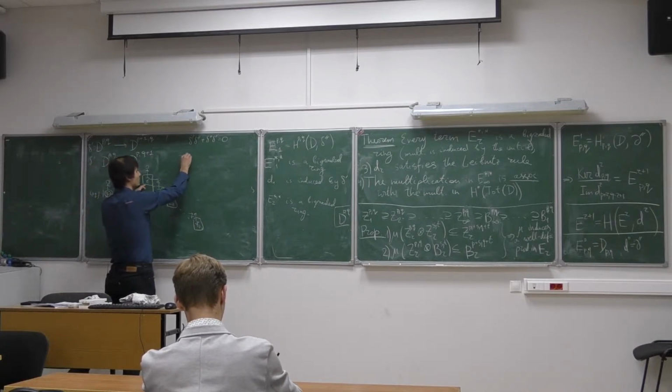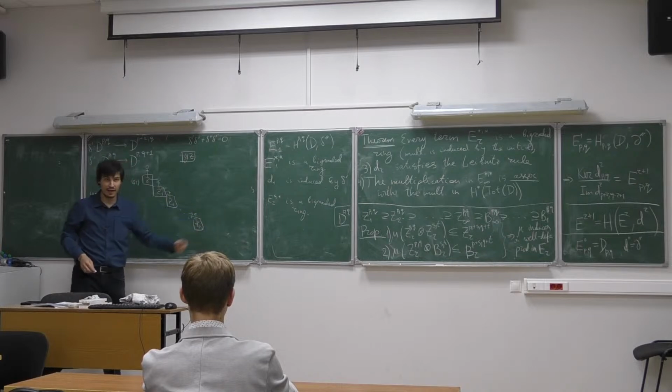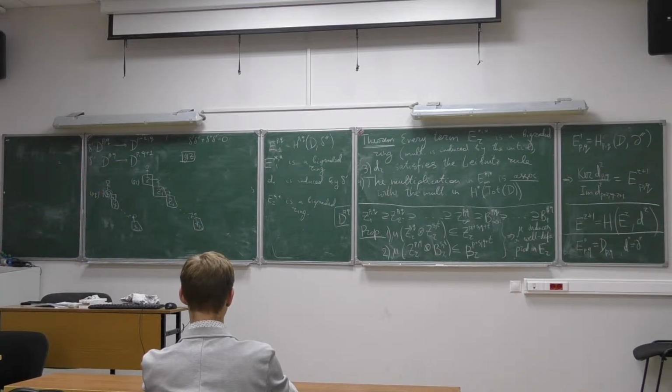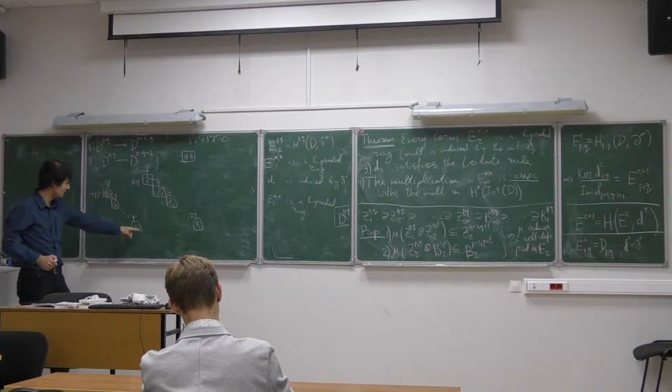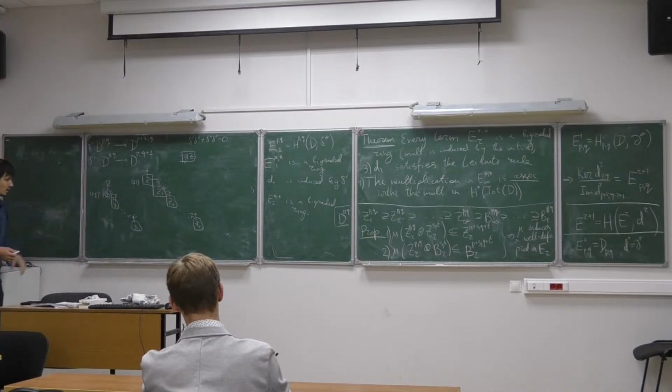So I would like to consider an element yz, and I would like to construct a similar sequence for it. It is convenient to rewrite these conditions in the following way.